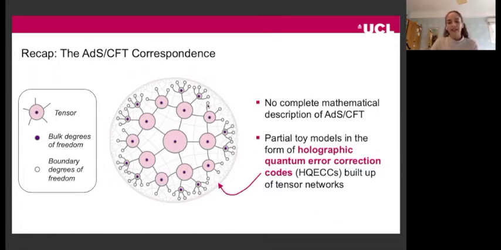Again, how this works is in embedding a tensor network into our anti-de Sitter bulk, leaving some legs uncontracted, which we then associate with bulk degrees of freedom, cutting off our tensor network at some finite radius, and then associating the dangling indices of these tensors with boundary degrees of freedom. And in this way, our tensor network is then describing a map from one space to the other.